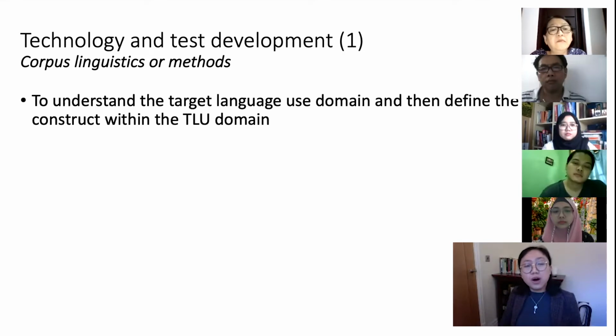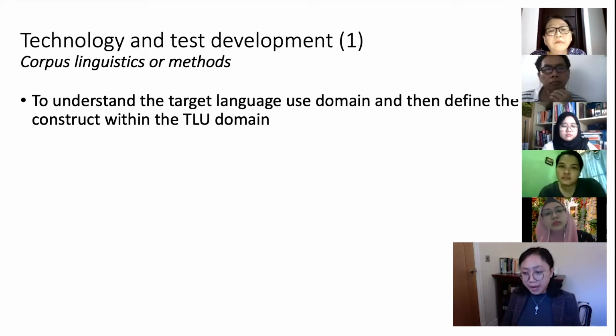The first one is to help us understand the target language use domain, and then to define the construct that you wish to target within that particular target language use domain.